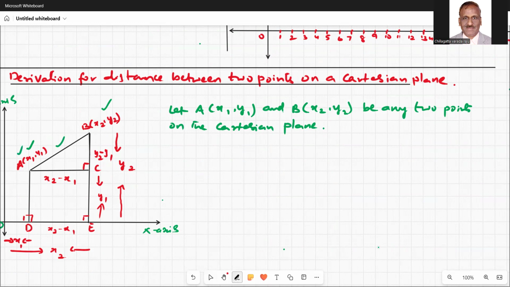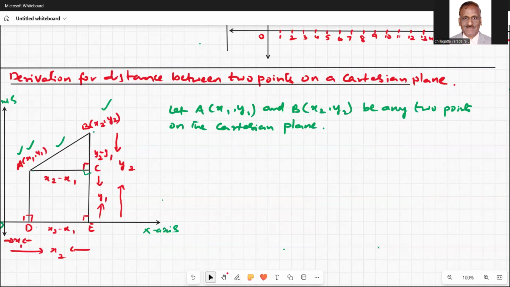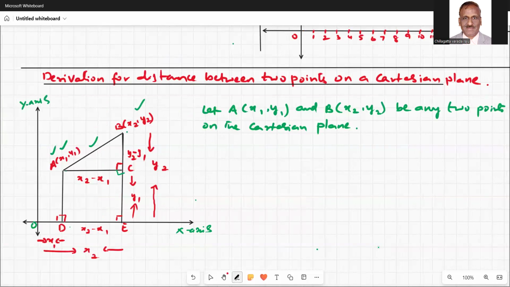Draw perpendiculars from the point A and from the point B on the x-axis, that is AD and BE, and also one perpendicular from A on BE, that is AC perpendicular to BE. As I told you earlier, you have learned how to plot points on a Cartesian system. So in this Cartesian system, we have plotted the points A and B. What do you mean by the point A(x1, y1)?